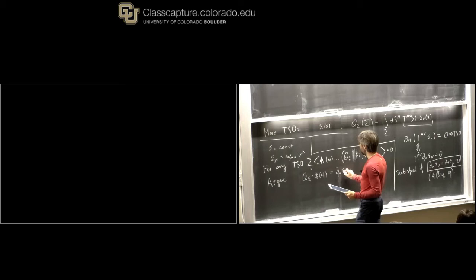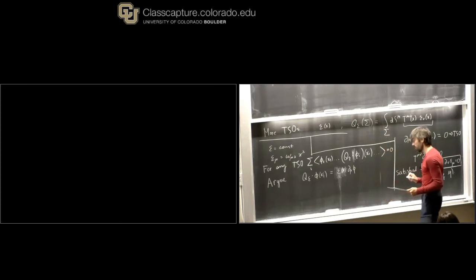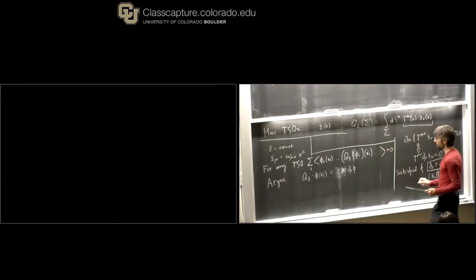It will contain the following term: epsilon of x times d mu phi, proportional to epsilon mu times d mu.